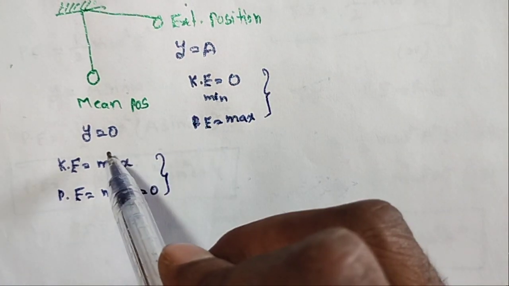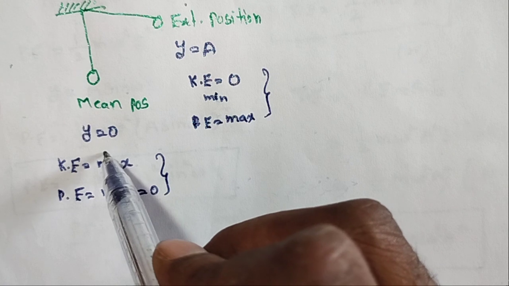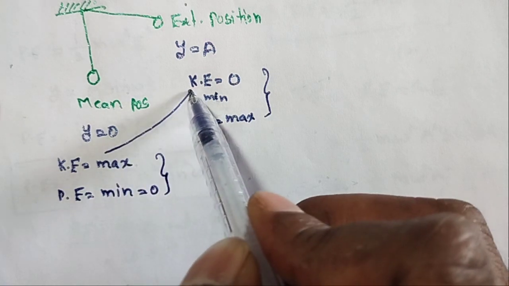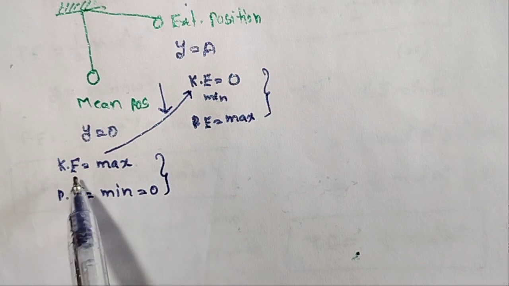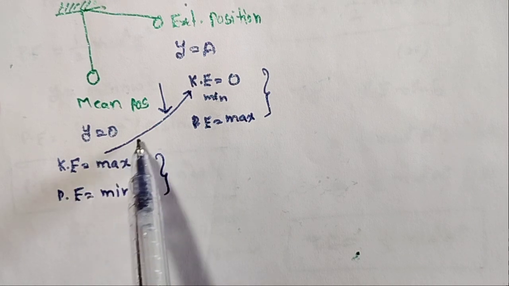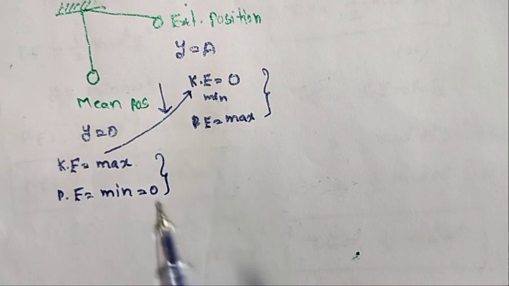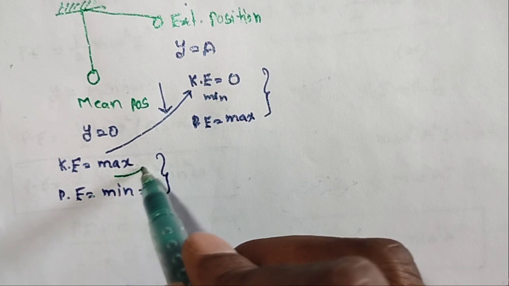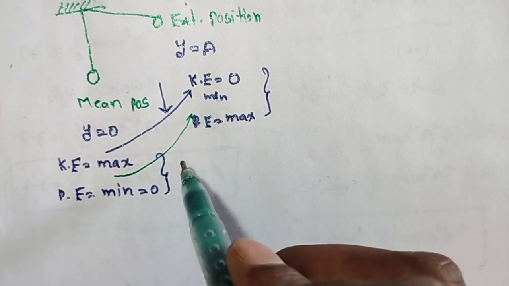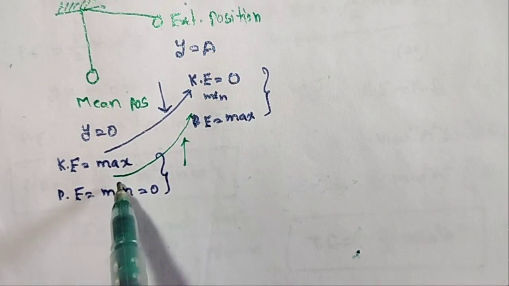The kinetic energy decreases going from the mean position to the extreme position. And the potential energy increases going from the mean position to the extreme position, because it is initially zero.